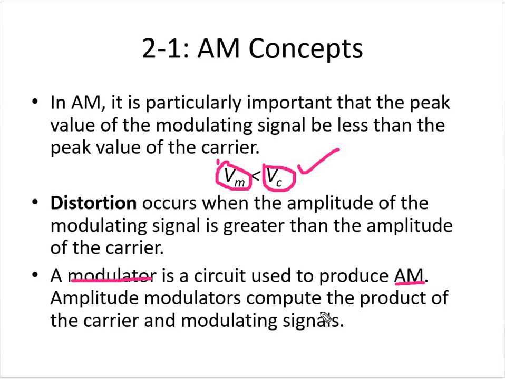Amplitude modulators compute the product of the carrier and modulating signal. अच्छा, ये amplitude modulators क्या काम करता है? ये हमारे पास प्रोडक्ट होती है कैरियर सिग्नल की और मॉड्यूलेटिंग सिग्नल की. तो ये हमें याद रखना चाहिए कि मॉड्यूलेटर असल में क्या काम करता है.